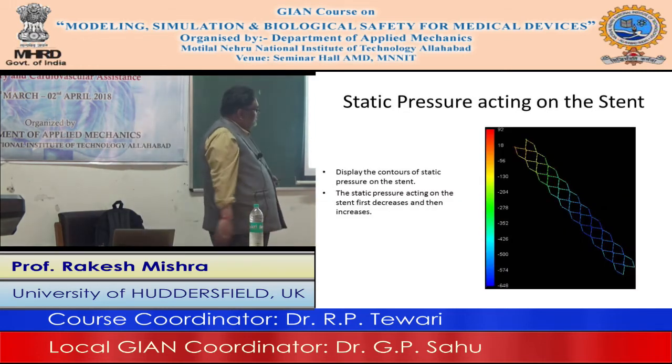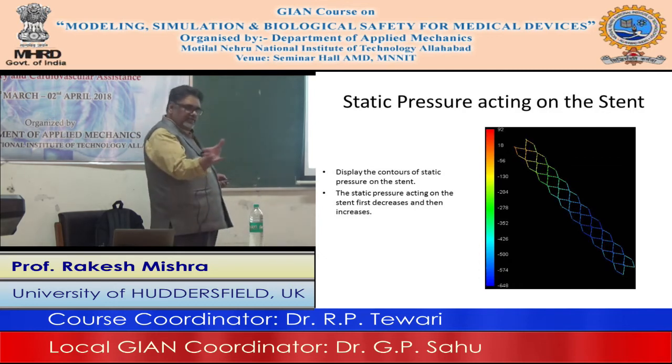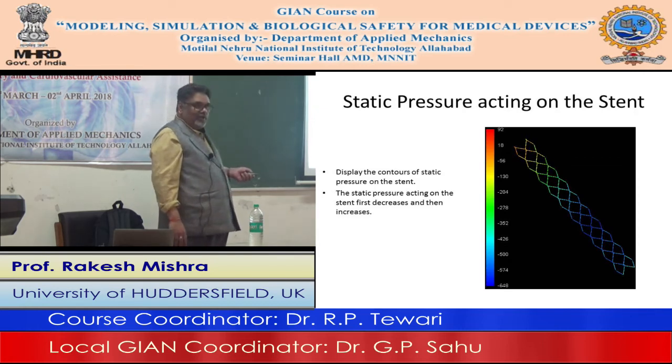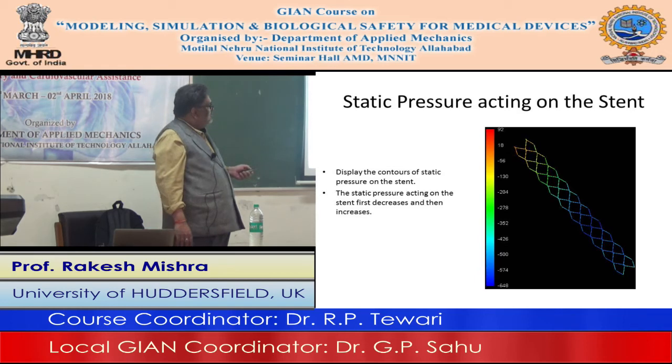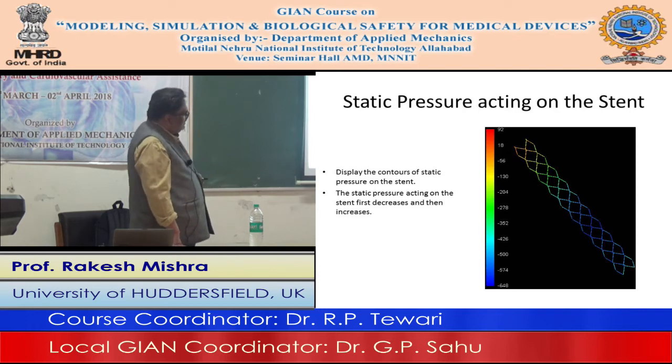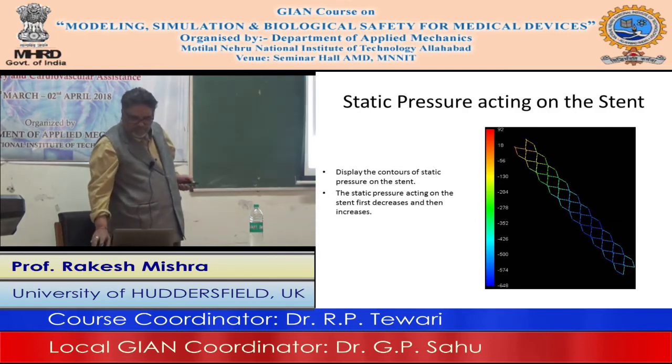Since we have established that in the stented region, along the center of the artery, pressure is changing, now I would like to see what is happening to my stent. This shows static pressure distribution on the stent. Near the junction here static pressure is okay, but in this part static pressure has gone down because of this effect.